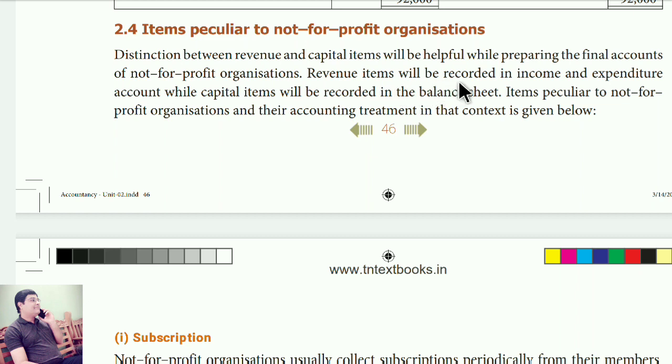Revenue items will be recorded in the income and expenditure account, so only revenue income and expenditure will be accounted there, while capital items will be recorded in the balance sheet. Items peculiar to not-for-profit organization and their accounting treatment in this context are given below.